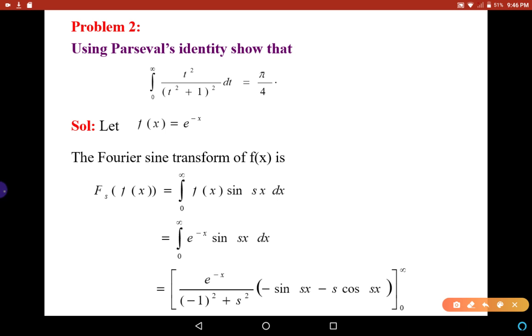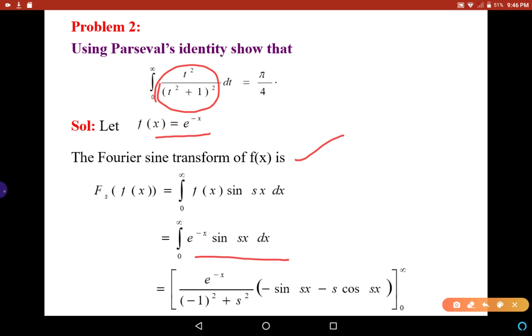So the Fourier sine transform of f of x is equal to e power minus x, which is the integral 0 to infinity e power minus x into sine sx.